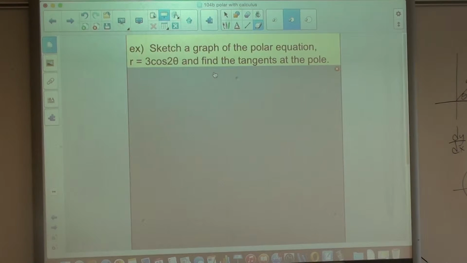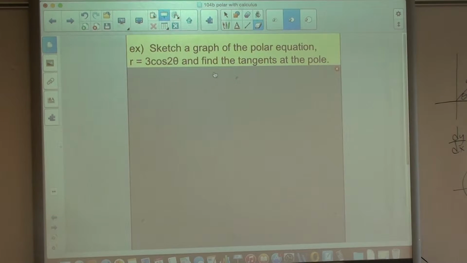Pi over 2, negative. Pi thirds. If you plug in, you get 2. Yeah, pi thirds. So you still graph it, but the point is going to be negative pi thirds.